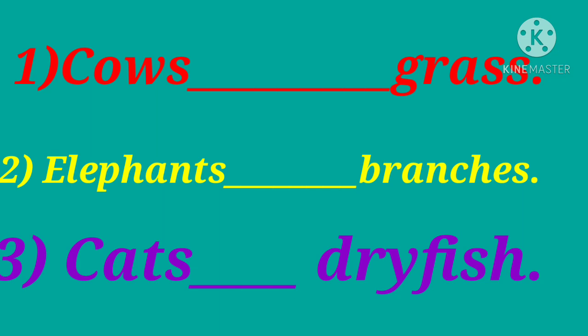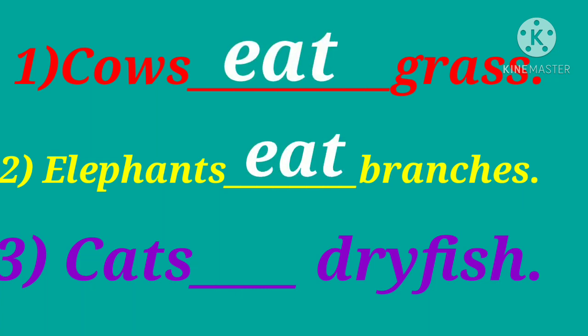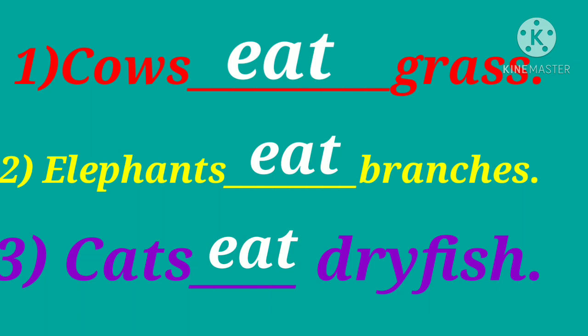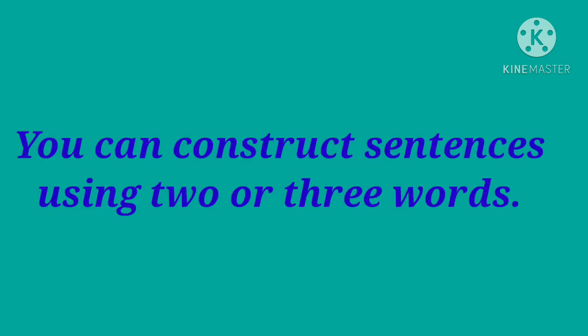The word is eat. Cows eat grass. Elephants eat branches. Cats eat dry fish. Okay? So now you see, using two words or three words, you can construct simple sentences.